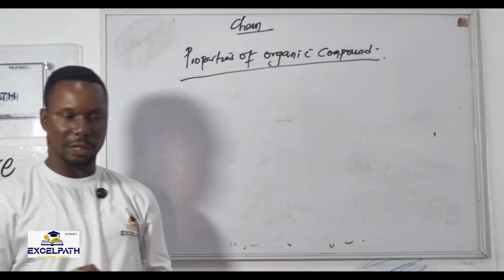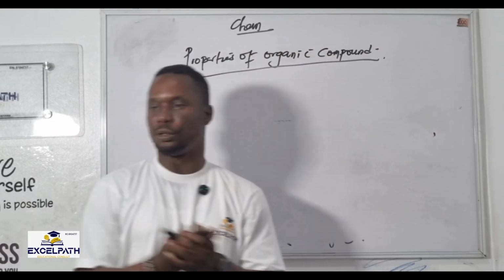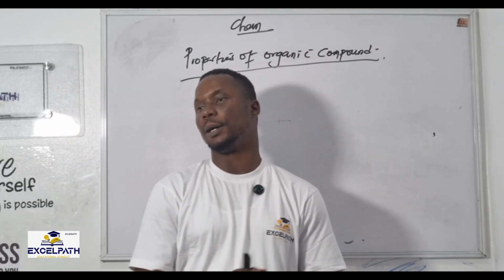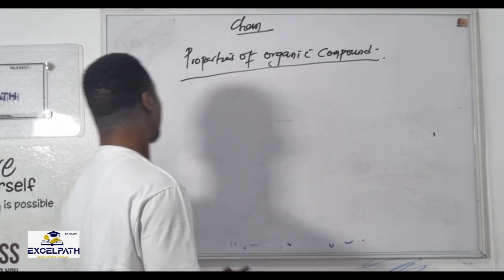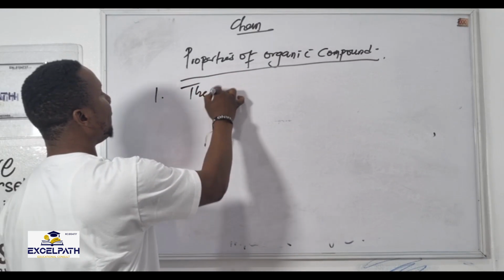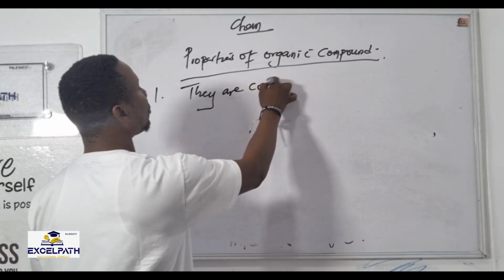Properties of organic compounds. We need to know the properties of organic compounds because we also have inorganic compounds. Number one, they are covalent compounds.